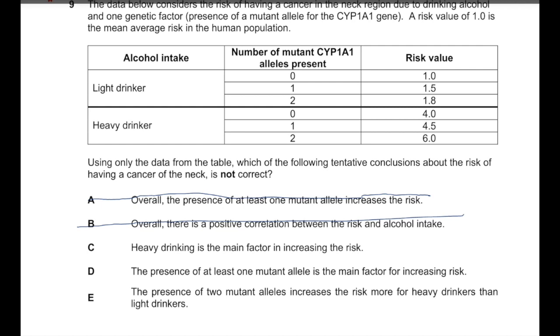C. Heavy drinking is the main factor in increasing the risk. This is correct because the difference in risk between light and heavy drinkers is much larger than between individuals within the same drinking category, however, with different numbers of mutant alleles.